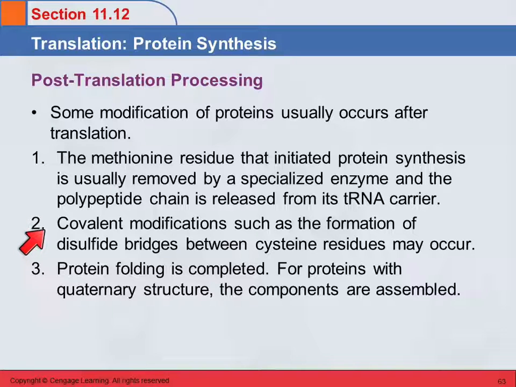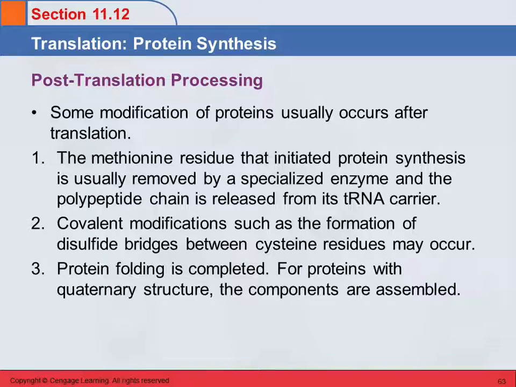Covalent modifications might occur. You may have disulfide bridges forming between the cysteine residues. So this is a protein, right? And this process of translation makes the primary protein structure, the sequence of the amino acids.